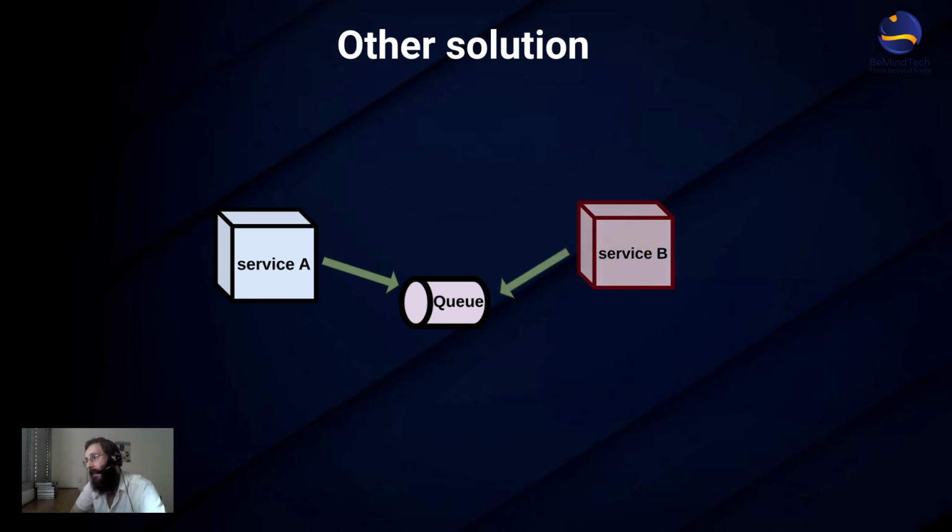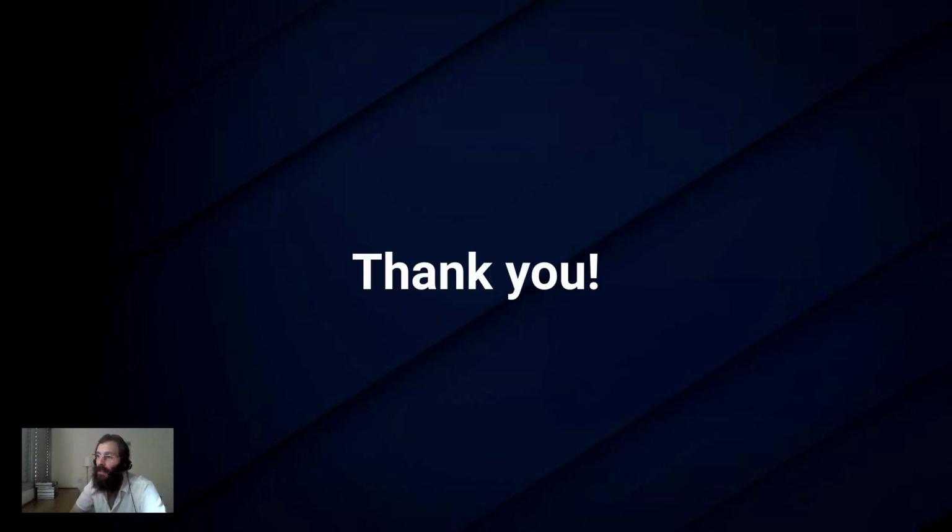So if service B starts with instability and does not pull some messages from the queue, that instability does not impact service A because they are in a decoupled mode. So that was another solution that I wanted to share with you guys, and I hope you enjoyed it.